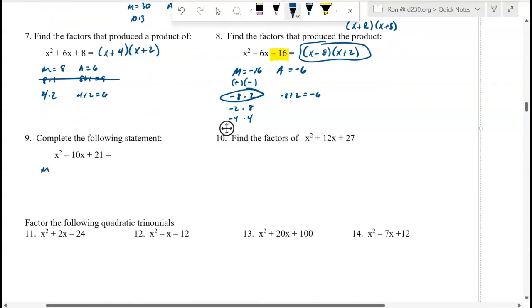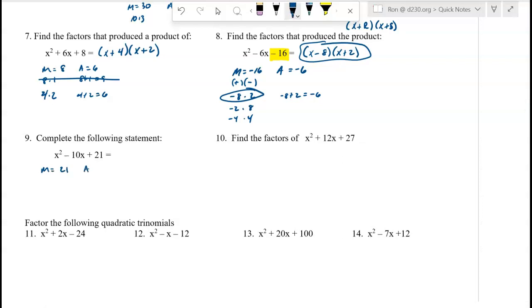Next one, we have to multiply to get 21 and add up to negative 10. Well, what numbers multiply to give us positive 21 and add up to negative 10? One thing you have to note is both numbers will have to be negative.